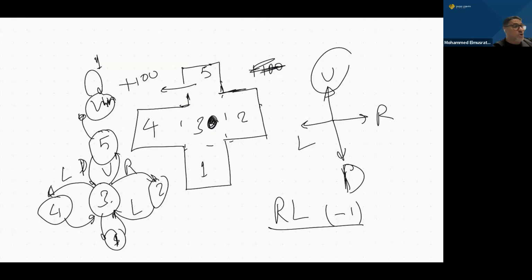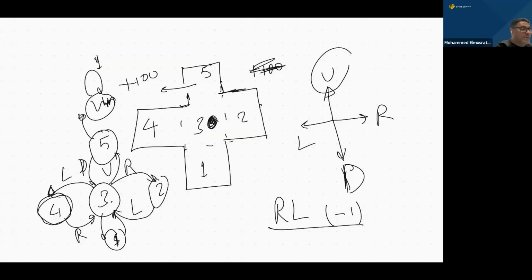Okay, so you can see, for example, if you are in state 4, the action space is only one action that is allowed for you: to go to the right. You cannot go to any other state except state 3. You don't have other actions.